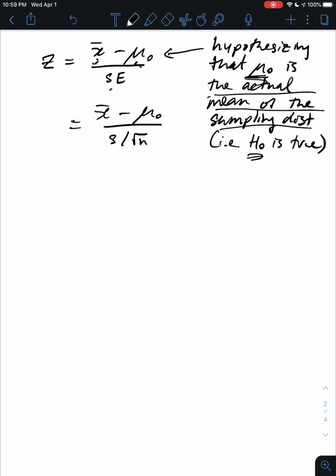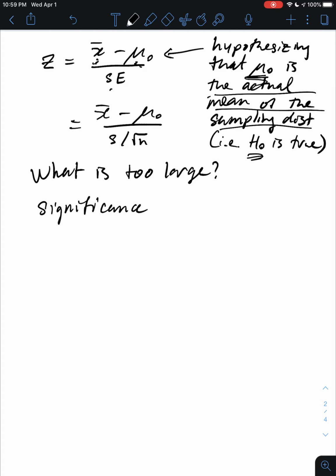And so you should calculate the test statistic for this statistical test. Now, we have to answer the question, what is too large? And we do that by establishing the significance level alpha.